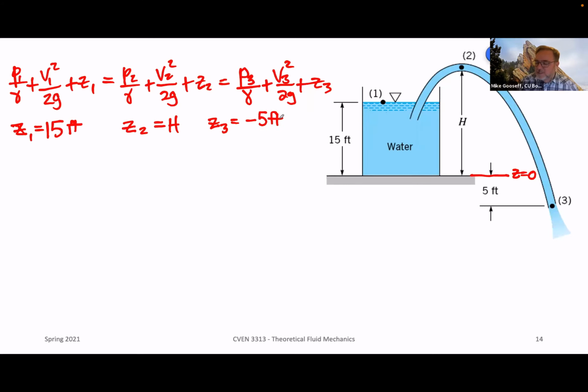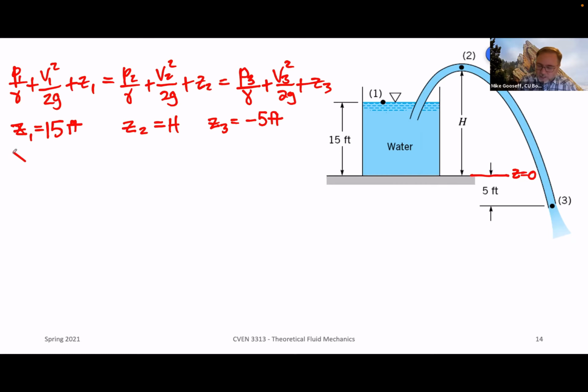So the difference between the top of the reservoir and point number 3 is actually 20 whole feet. But for right now, part of the reason I chose the datum at the bottom of the reservoir is that we can show you that we can use negative numbers for the elevations and elevation head, and it works out just fine.